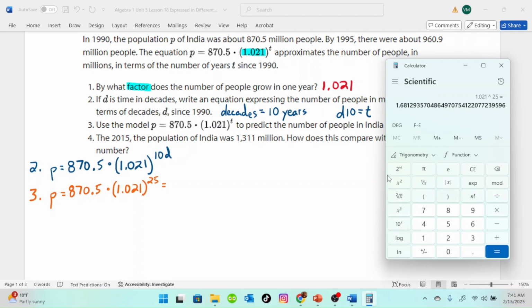Now you're going to take that and multiply it by the original 870.5 and hit equals. So this gives us 1,463 million. Because remember, we're measuring in millions of people.